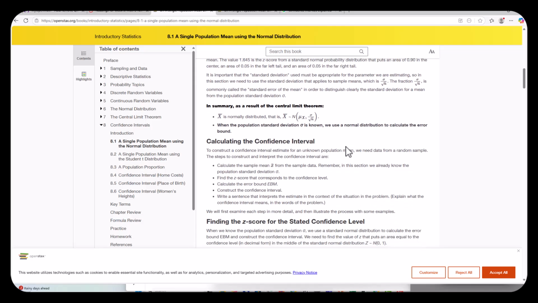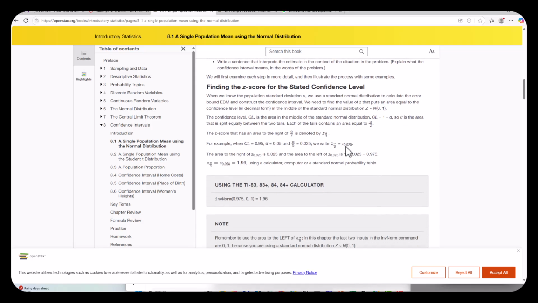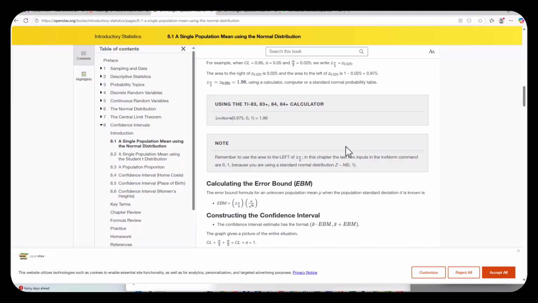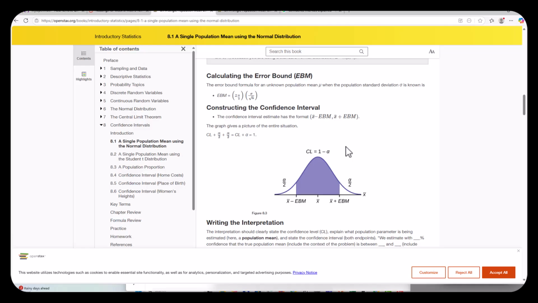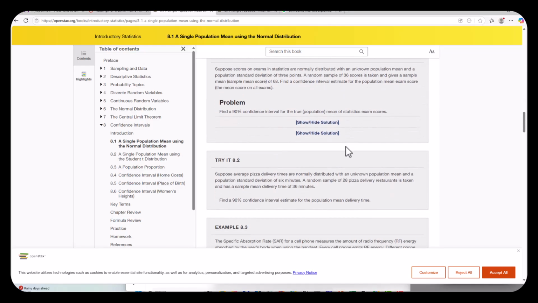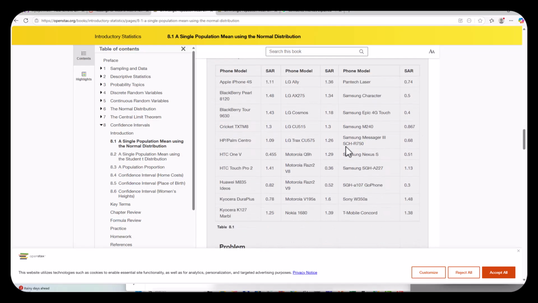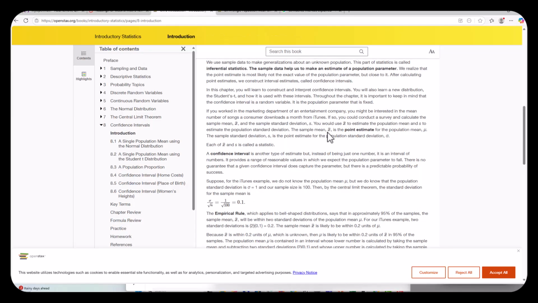Okay, so go ahead and read. That talks about the central limit theorem. Gives you some information on the TI. We'll probably more than likely be using StatDisk. Yeah, here we go. The point estimate for the population mean mu is going to be x bar. And also for the population proportion, we'll be using something called p hat.